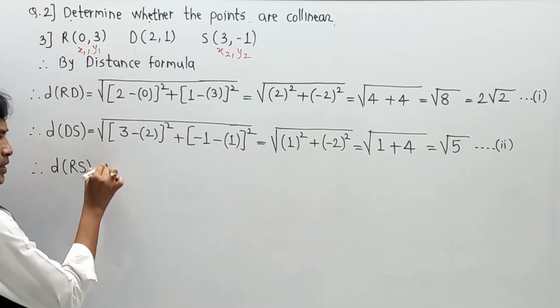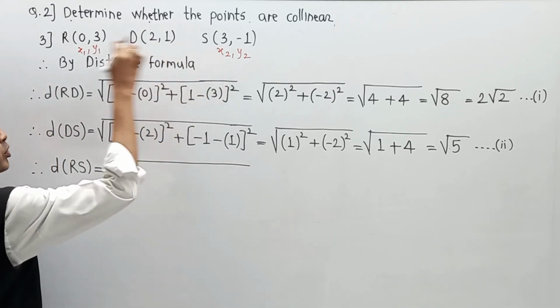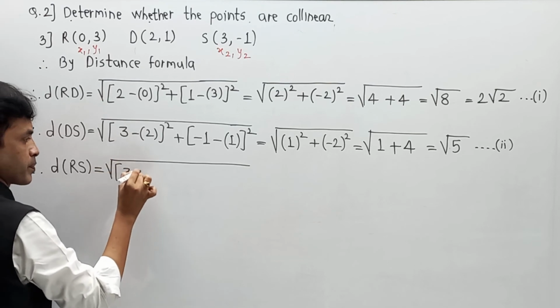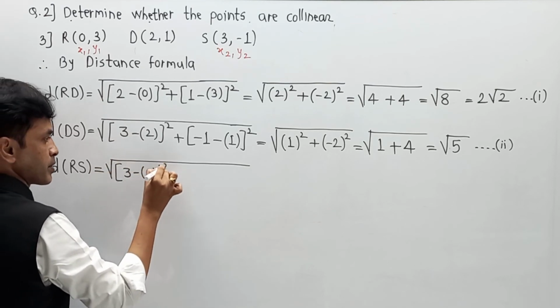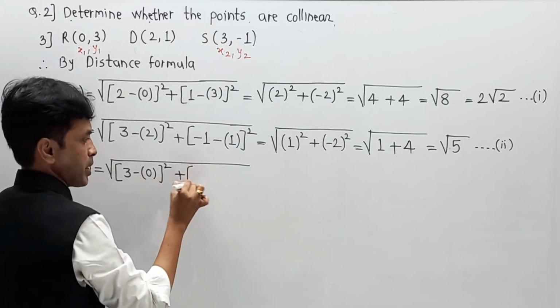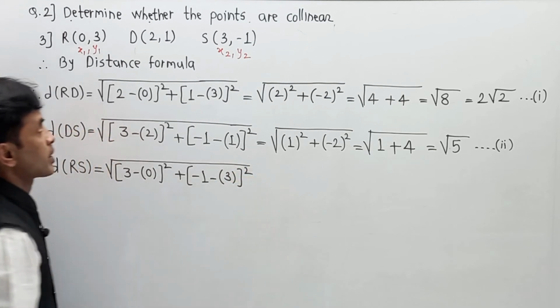Now simplification of that with the help of the distance formula. The part is x2 minus x1, which means (3 minus 0) square plus (minus 1 minus 3) square.